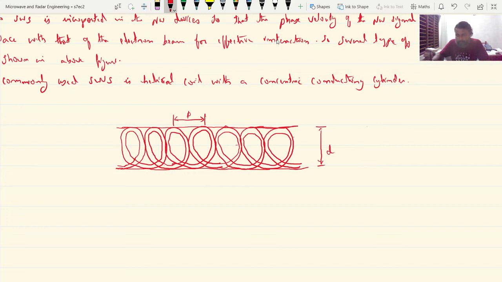I will write that in the form of a triangle like this, which consists of the angle psi. This is P. I call this pi d. The hypotenuse I can write as root of P square plus pi d square. Okay.